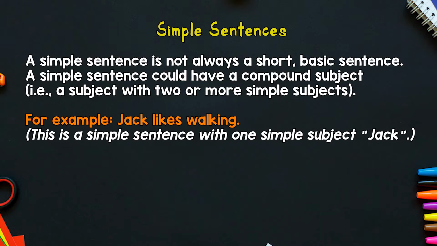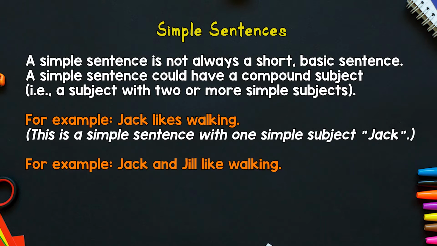If we want to compound the subject, it means that we have to add someone else that we are talking about. So we can say Jack and Jill like walking. Again, Jack and Jill like walking.